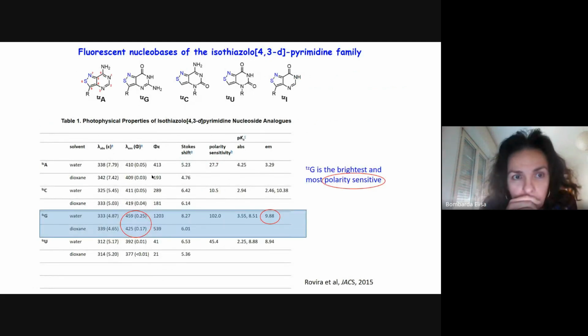Okay, so several thiazolo analogs were synthesized.